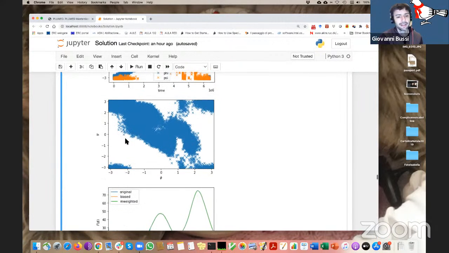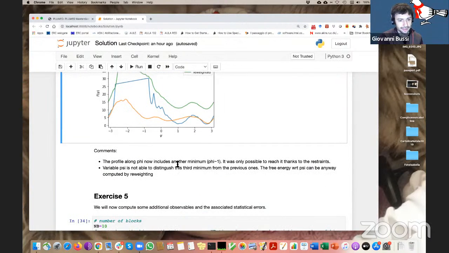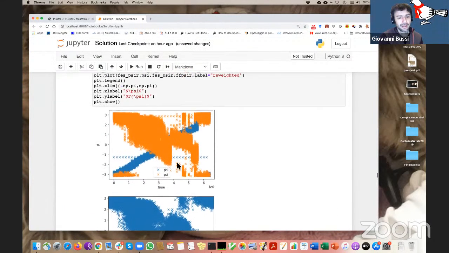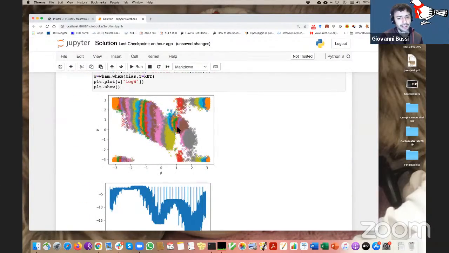Okay, one little more comment. I'm just checking what I wrote here. If you look at the second minimum, maybe it's even clearer in this graph here. The second minimum is here. And the variable psi is not very good in distinguishing this minimum from this minimum here.